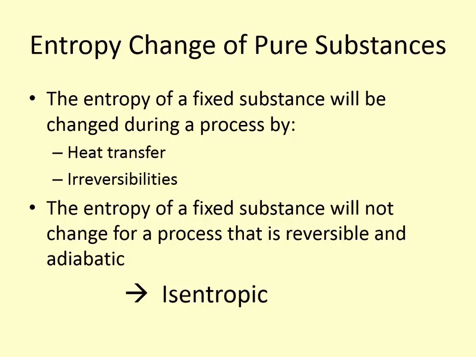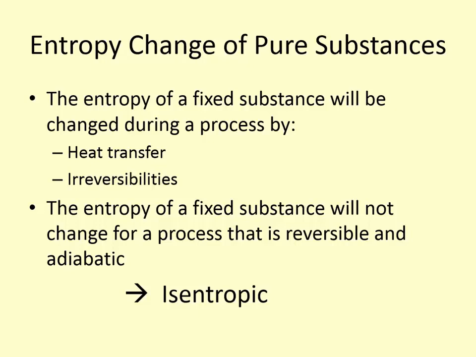If the fixed substance does not have any entropy change, the process is called isentropic. So for a process that is reversible, meaning there's no friction, there's no head loss, there's no other chemical changes or contributions to irreversibility, if we consider it to be reversible and adiabatic, which means what? No heat transfer, then we can say the process is isentropic.